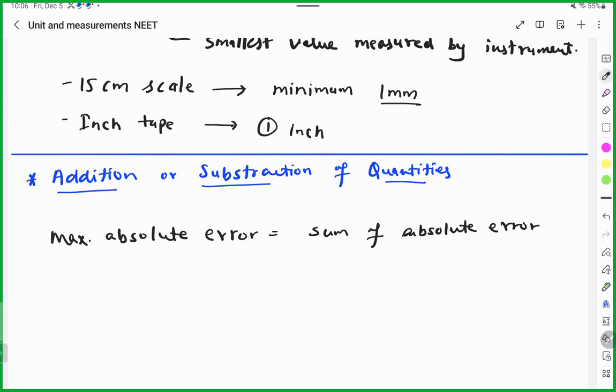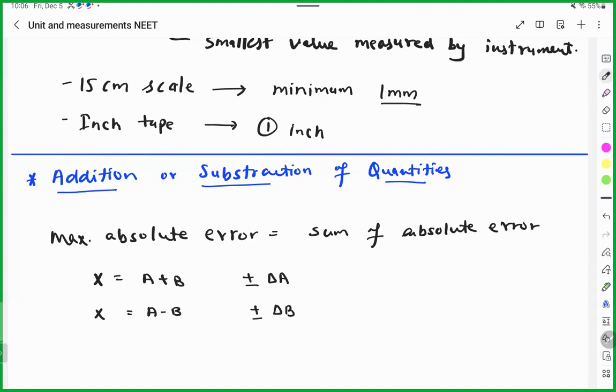Example: x equals a plus b, or x equals a minus b. There are two possibilities. Here, a has absolute error plus minus delta a, and b has plus minus delta b.